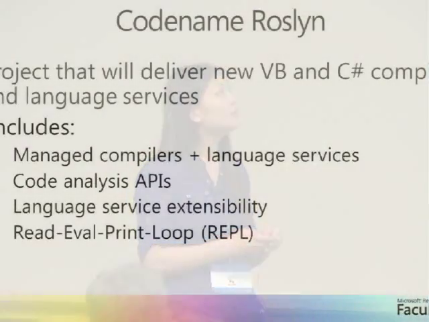We're also looking at things like a read eval print loop, allowing this compiler to be used as a little hostable compiler where you can evaluate small snippets of expressions to build something that we're calling the interactive window. Other scenarios include DSL embedding or hosting in other contexts, but just really opening up the compiler to enable all of these different scenarios.